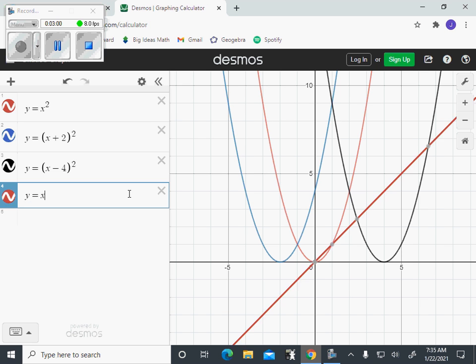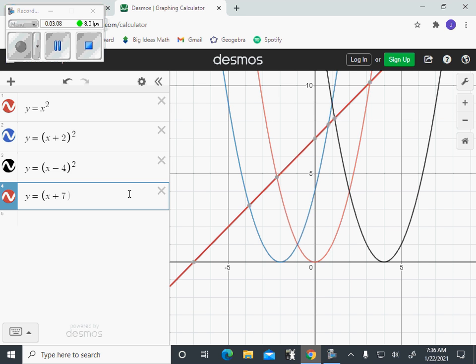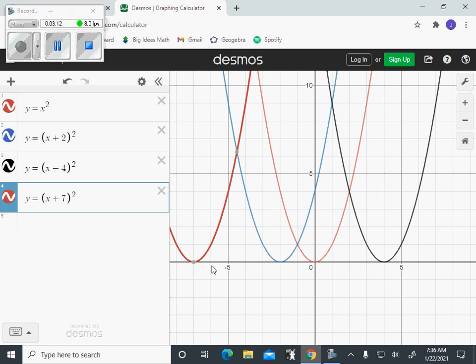Y equals x plus 7, squared. Where's that vertex going to move? It's going to move all the way to the left, over here to negative 7, 0. So my vertex is right here at negative 7, 0.